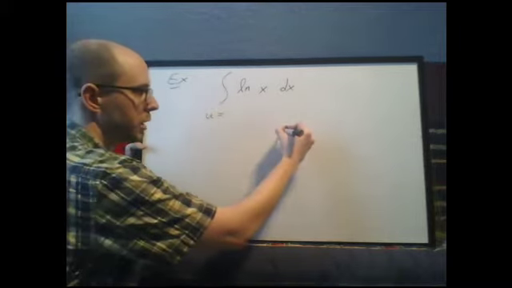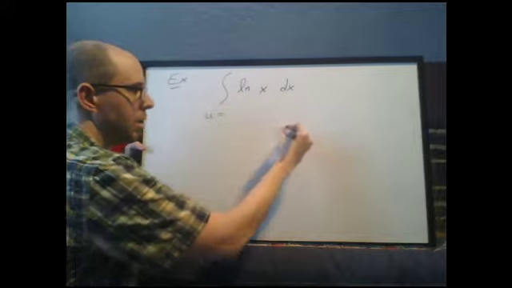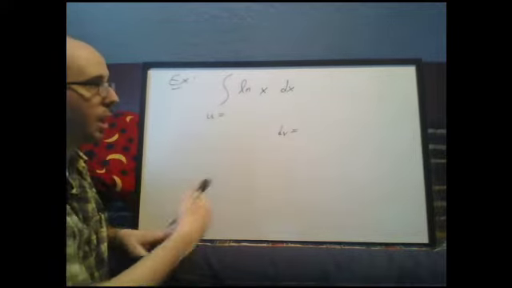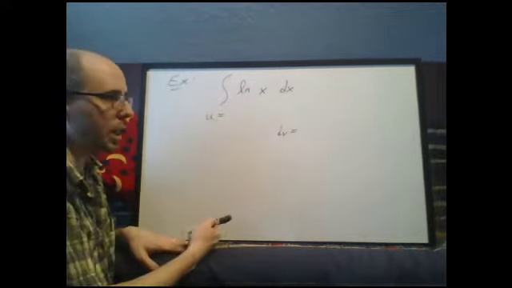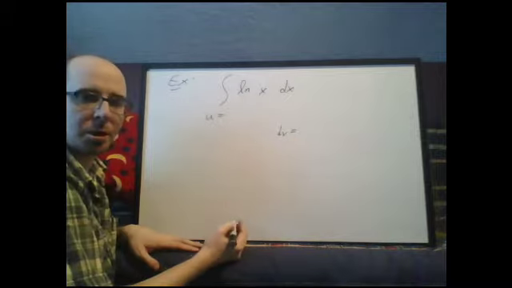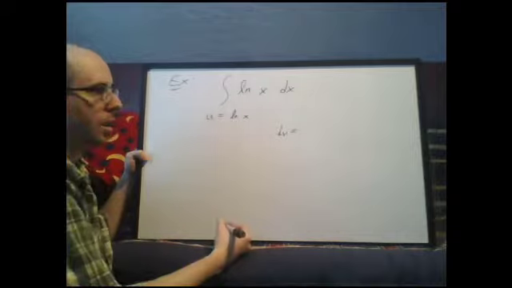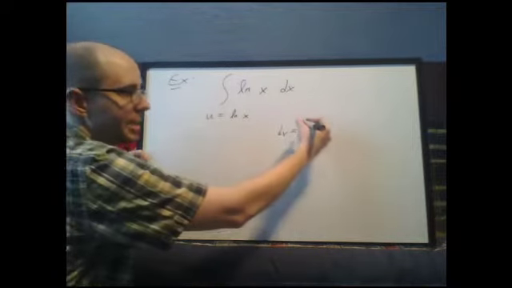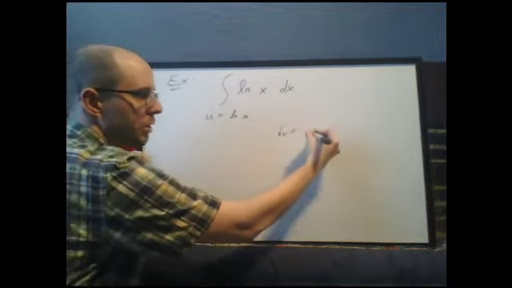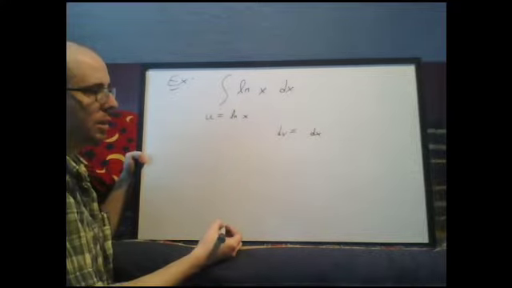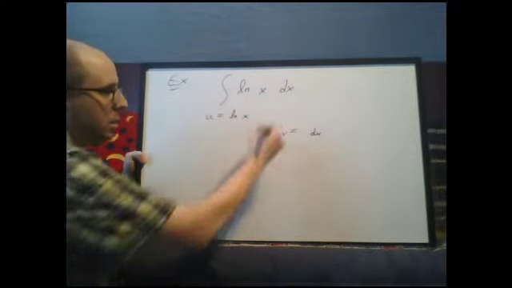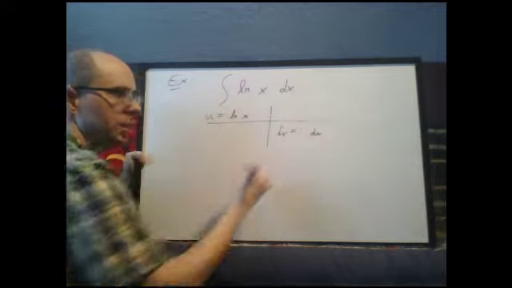So u and dv. Like I said, we don't know how to integrate ln x, so I can't put it as part of dv. It has to go as u. And that leaves me with just dx. That's the only other thing. So that's like 1 times dx. dv is dx. So now let's figure out the other two ingredients.